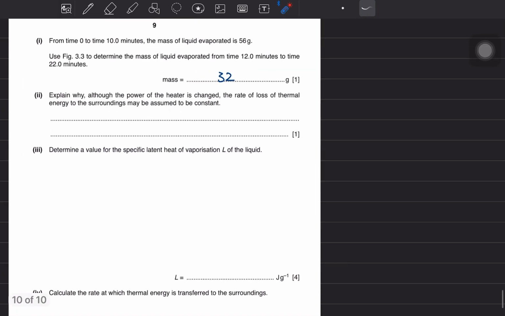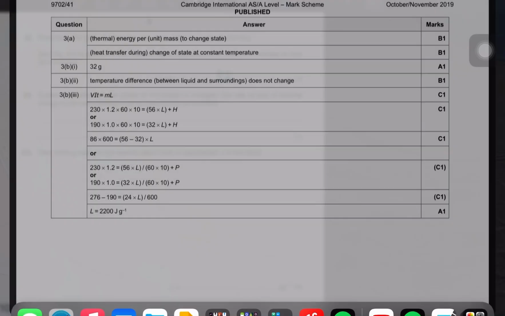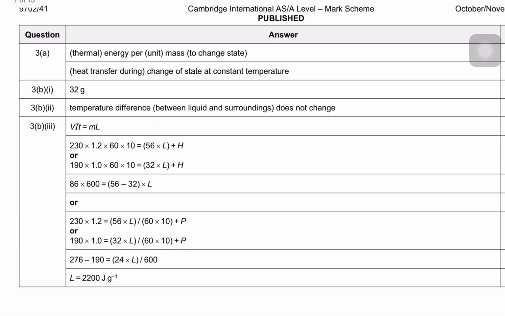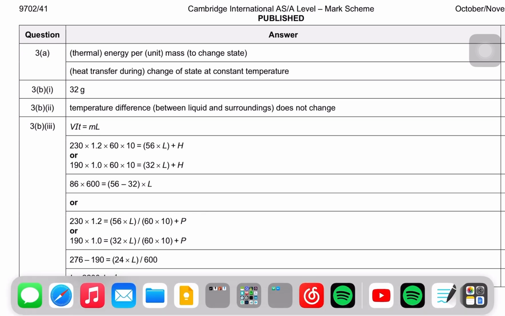So, if I refer to the mark scheme, this is what the mark scheme says. The temperature difference between liquid and surroundings does not change. It's a 1-mark question, by the way.